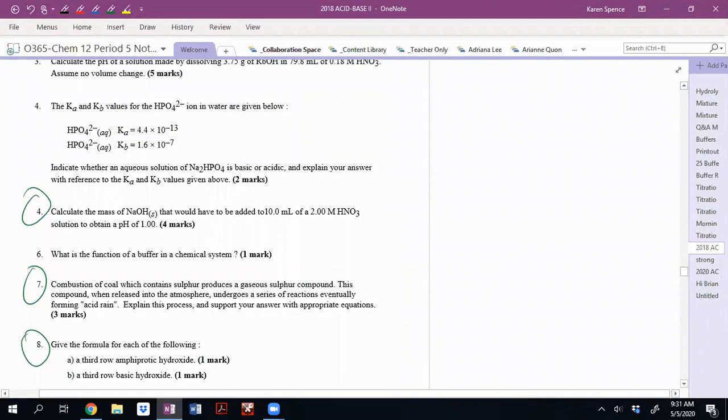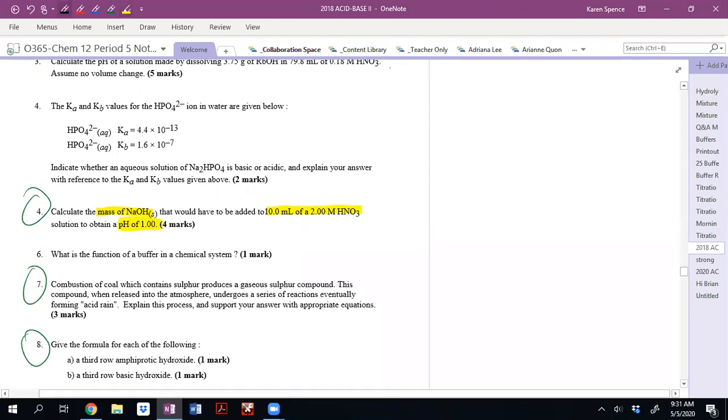Okay, so we want to calculate the mass of NaOH that would have to be added to 10 milliliters of 2.0 molar HNO3 to obtain a pH of 1.